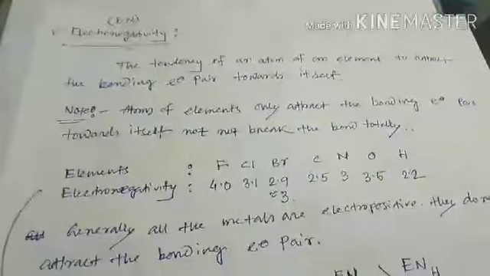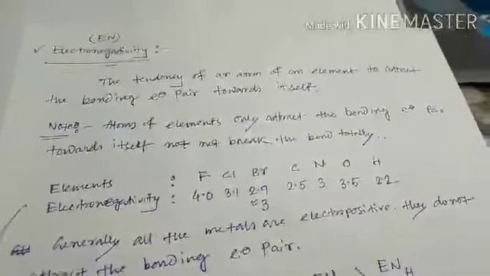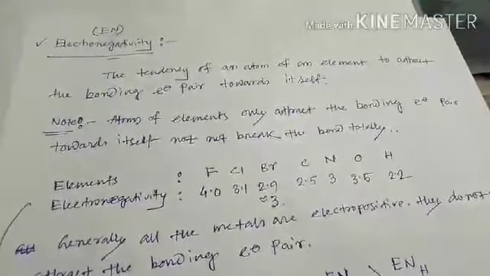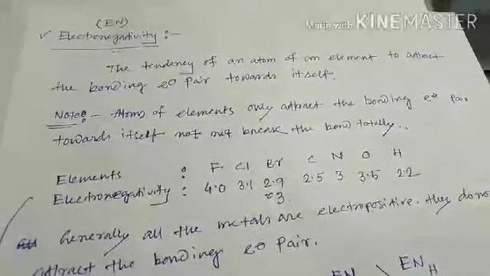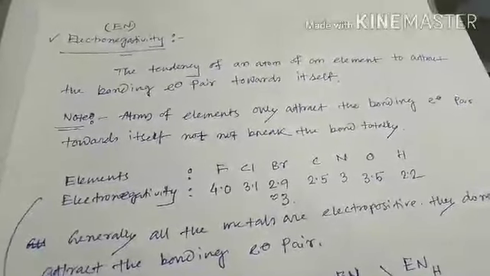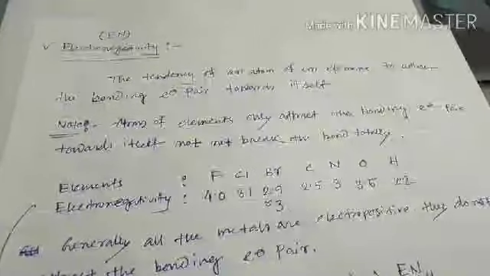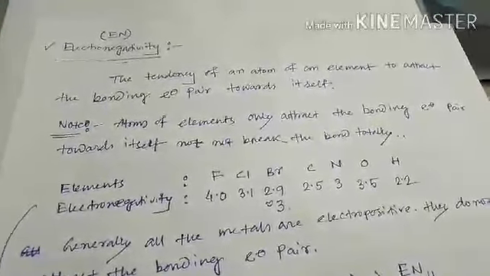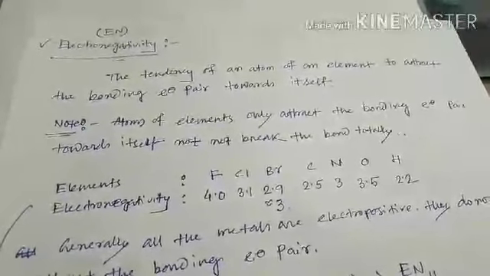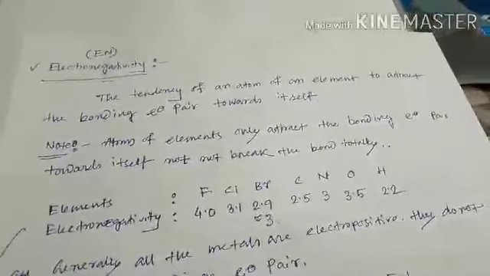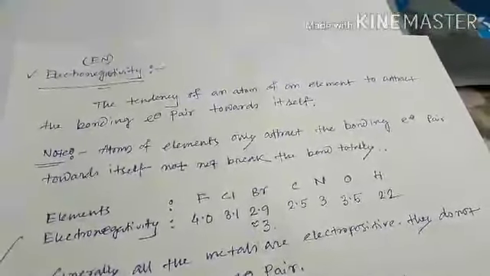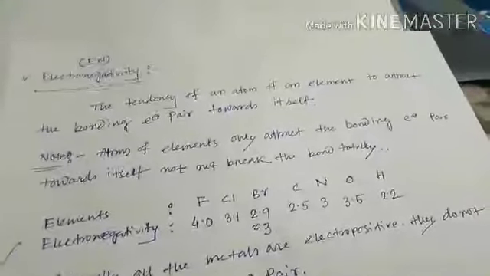Now we have learned about bond pairs and bonding electron pairs as well, so let us move on to the topic of electronegativity. What is electronegativity? Electronegativity is the tendency of an atom of an element to attract the bonding electron pair towards itself.